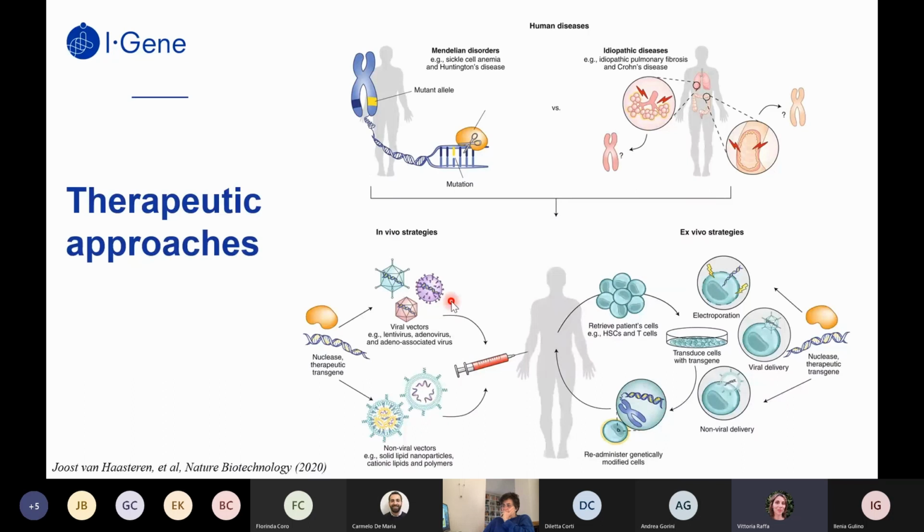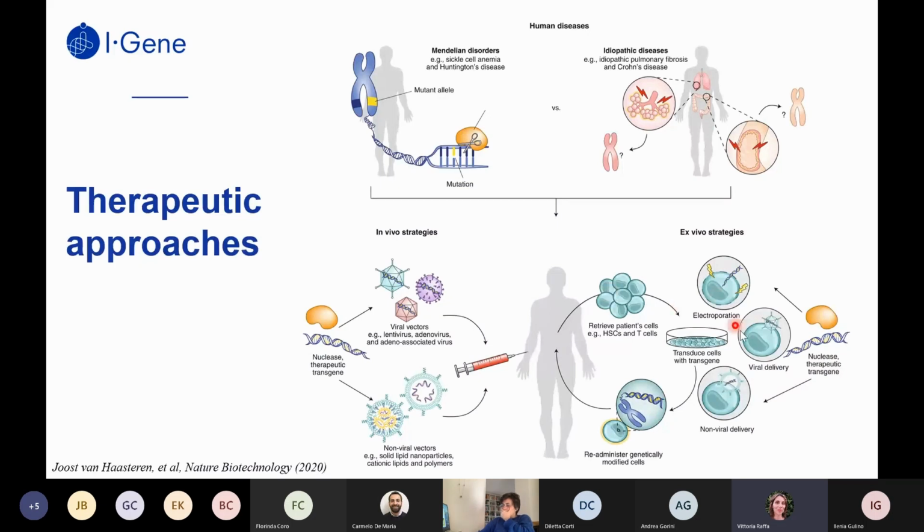Actually, there are two strategies. One is the in vivo strategy. The second one is the ex vivo strategy. So what does ex vivo mean? Ex vivo means that we can harvest specific cells, for example blood cells or immune system cells, from the patients.